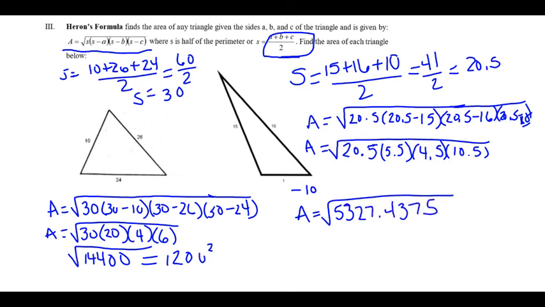And we'll take the square root of that. And we get 72, and I'm going to round it to the nearest thousandth. So it'll be 72.989. And it'll be units squared because it is area.